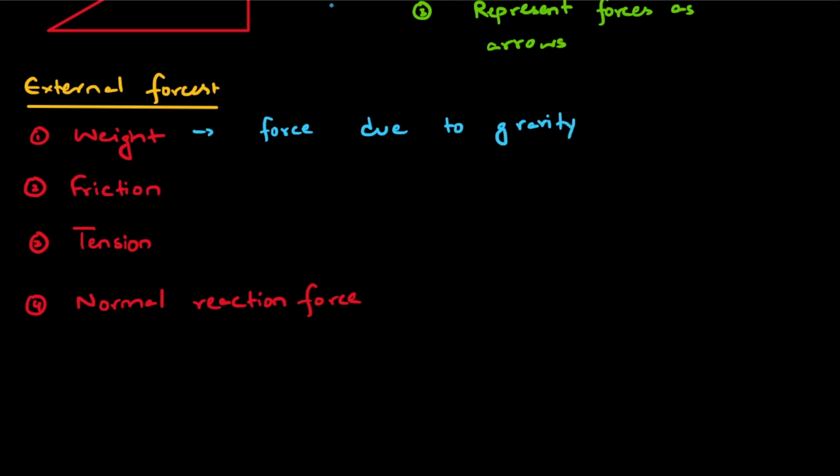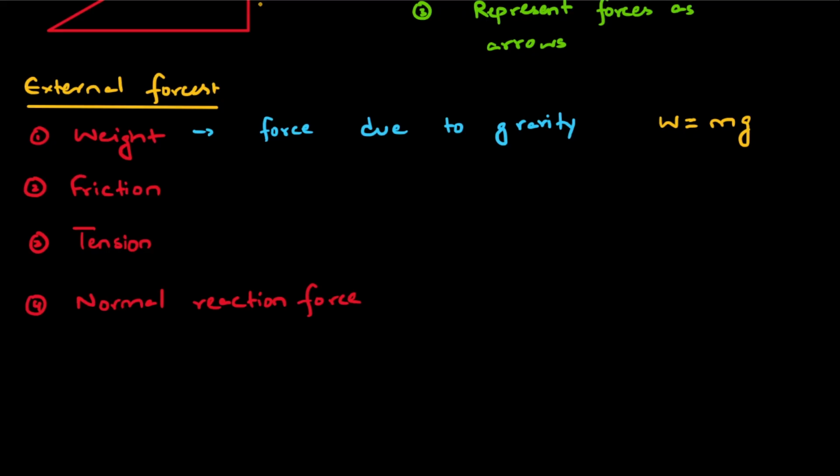Any object placed on the surface of Earth experiences the Earth's gravitational force. That gravitational force is determined using the formula W = mg, where g represents the gravitational acceleration of the planet you are on, which is Earth in this case.